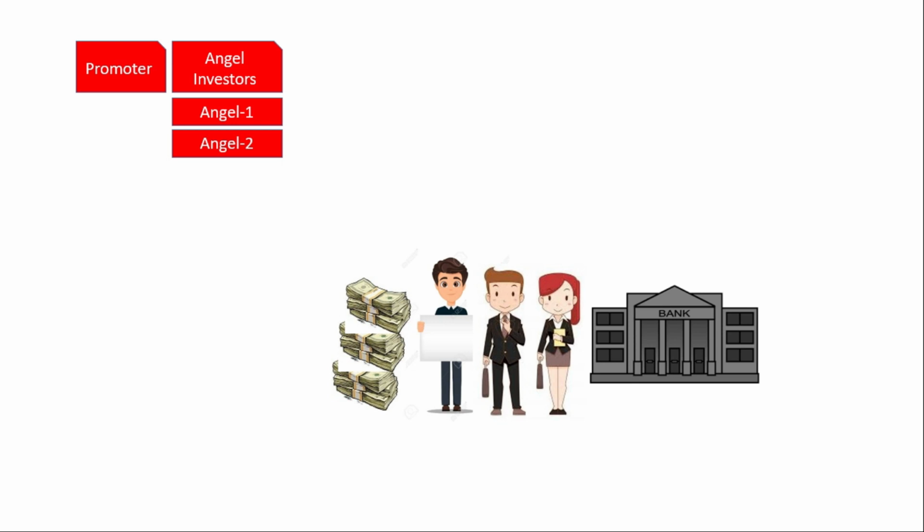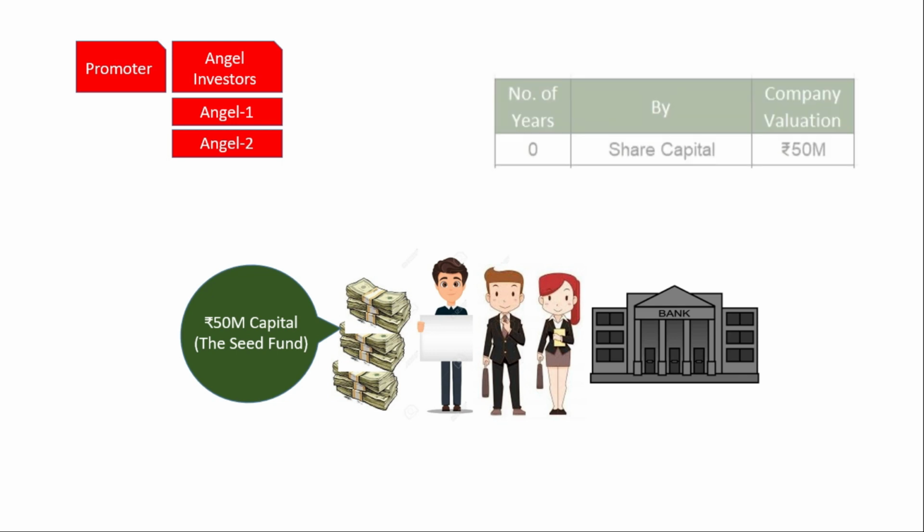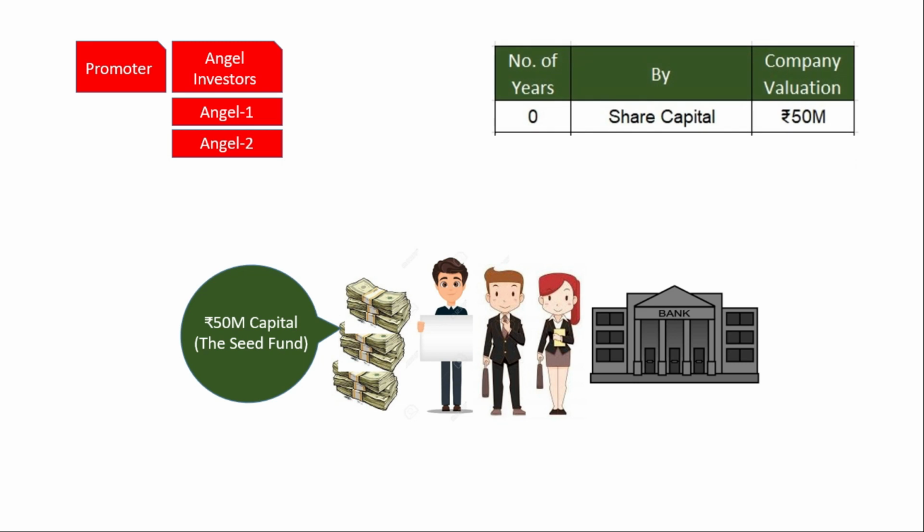So, Mr. Bob, the promoter, along with two angel investors, raise 50 million in capital. This initial money to start his business is called the seed fund. Once the seed capital is deposited in the company's bank account, the money will be referred to as the initial share capital of the company.